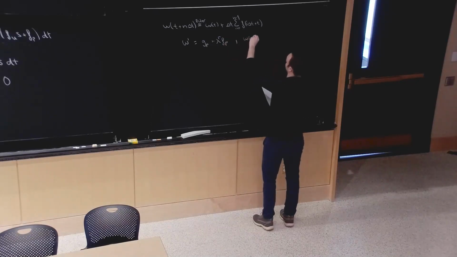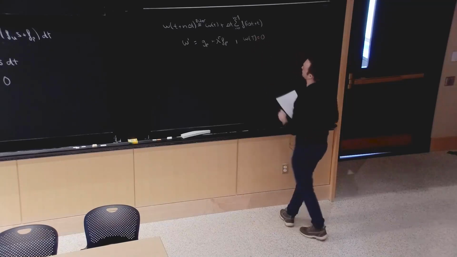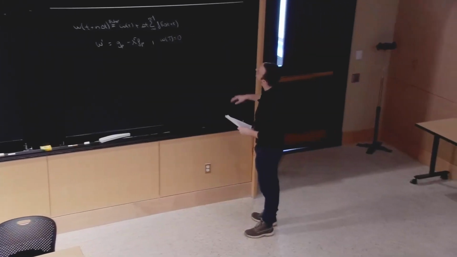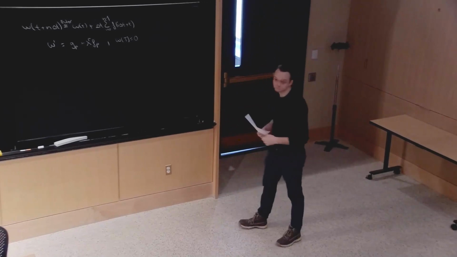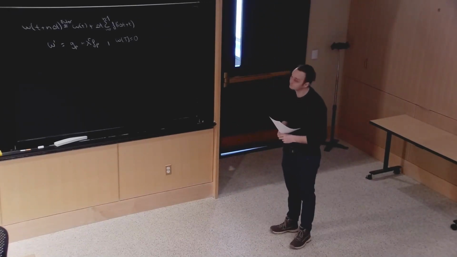Depending on, you want to go in the other direction, right? You probably want to solve it like that. But the point is, you think of this as a coupled ODE for w, along with the adjoint ODE for lambda prime.